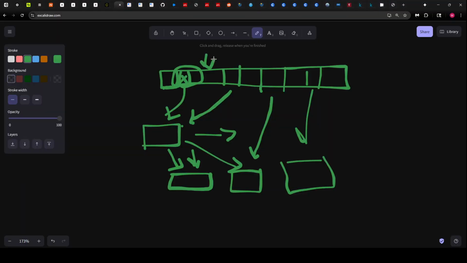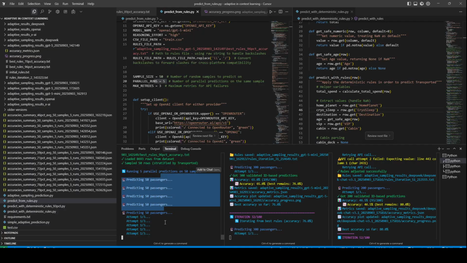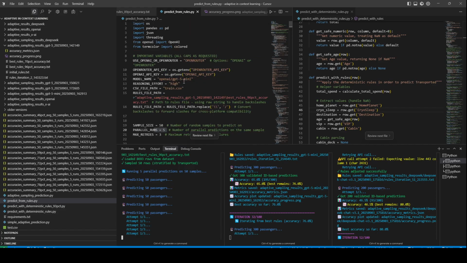So we are picking one from here, one from here, one from here, right? From different areas of the data set, just to get an idea of how accurately it's predicted. Not only that, we can use any model we like during training, but we can also use any model we like during inference.